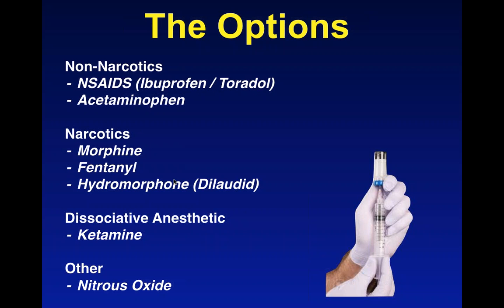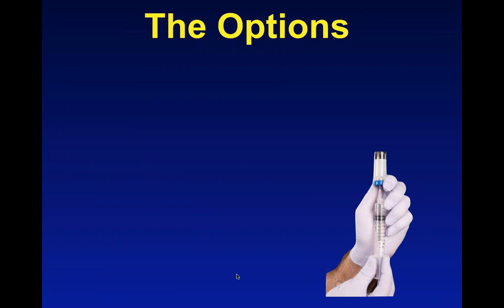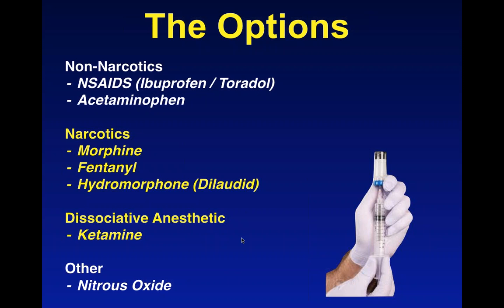Then I'll talk about these three things individually, some of the drawbacks that I see, and then we'll talk about ketamine. And then I put nitrous as an other, and I guess we can discuss that at the very end. So these are the ones that I really wanted to focus on here.